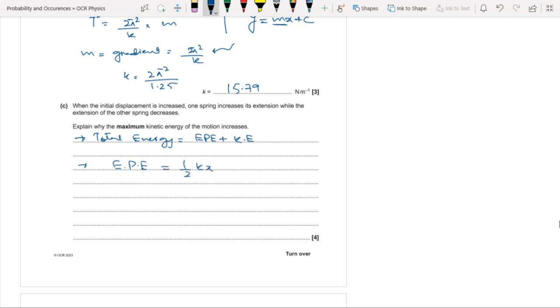And if initial displacement is increased, that means that the maximum EPE, elastic potential energy, also increases, as the EPE is maximum at the amplitude.